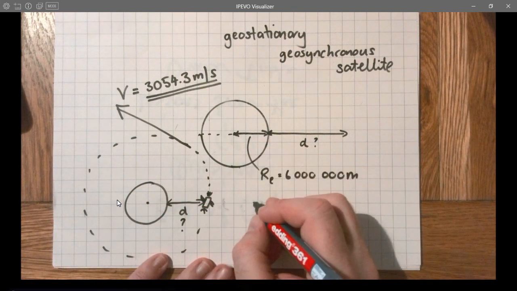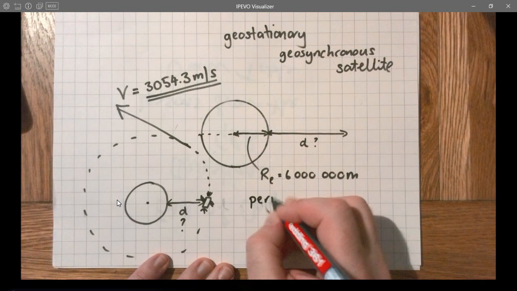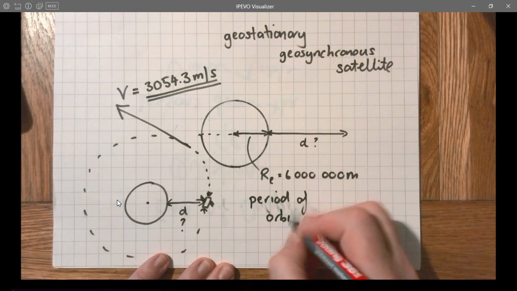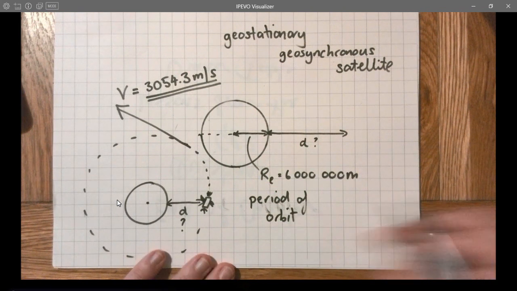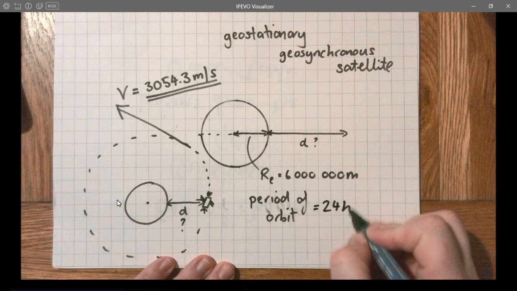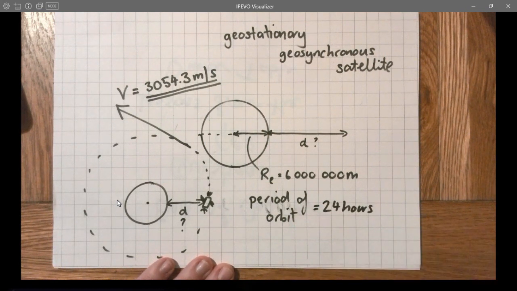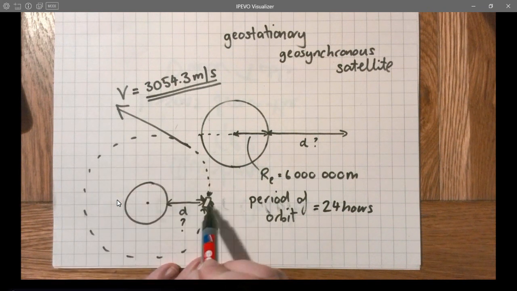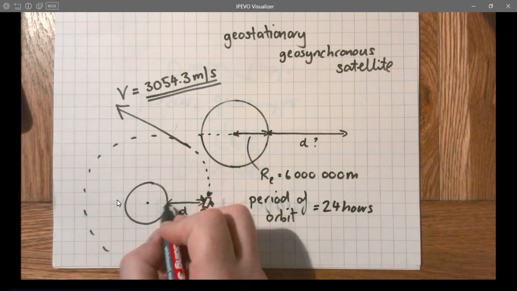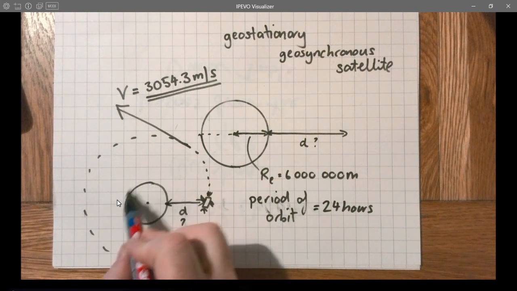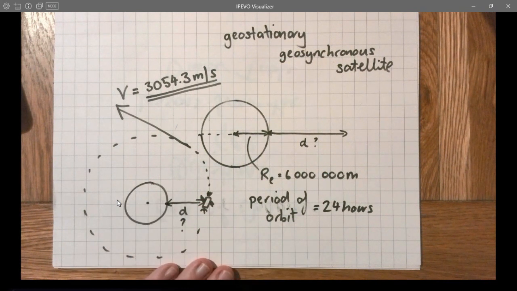That's called the period of orbit, or the orbital period. I'm going to give you the answer: that is 24 hours. It takes 24 hours to go from here round to the same position, because if you were standing on the surface of the Earth, you would go around the Earth in 24 hours.